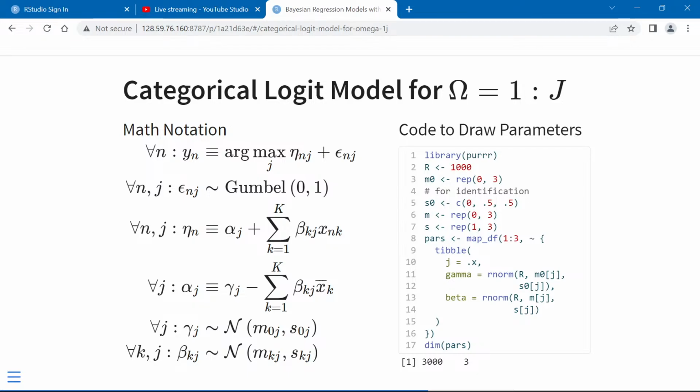We could multiply all these by 5 and the observed data would be the same. That's why we use standard Gumbel with a scale of 1 rather than estimating that scale, because if we did, the scale would be undefined. So we just fix it to 1 and estimate coefficients and intercepts relative to that.